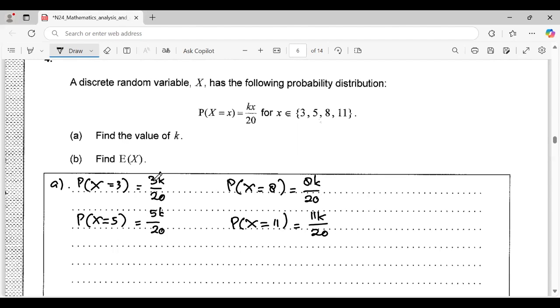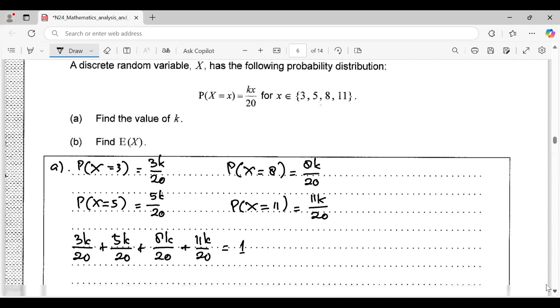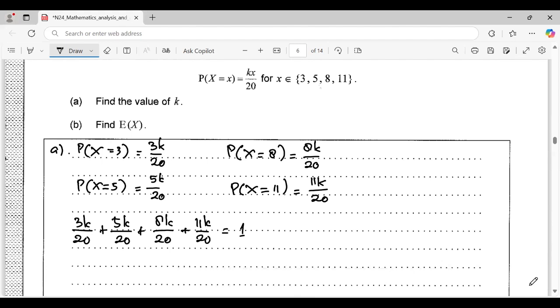Now, summing these probabilities: 3k over 20 plus 5k over 20, plus 8k over 20, plus 11k over 20, and the total equals 1 because the maximum probability equals 1.